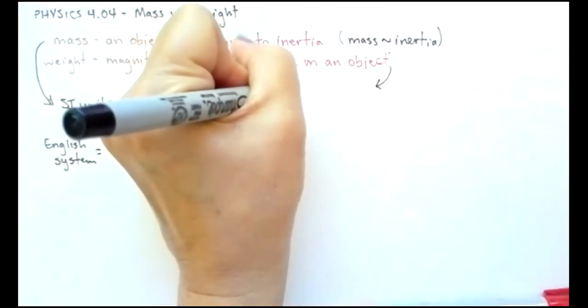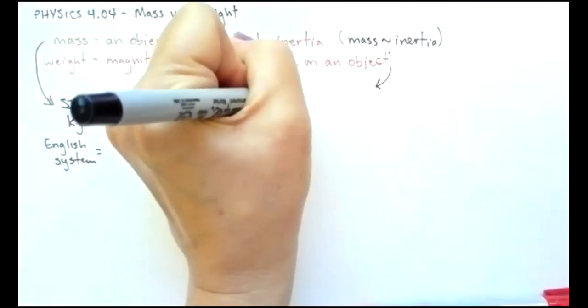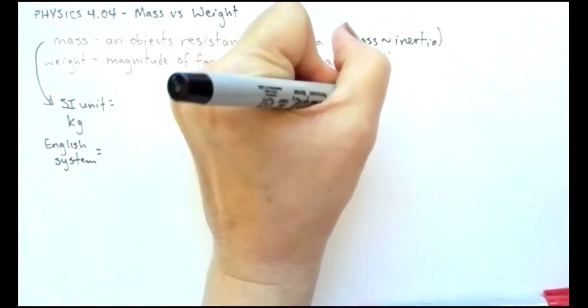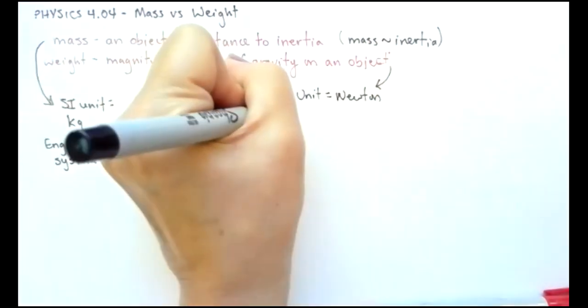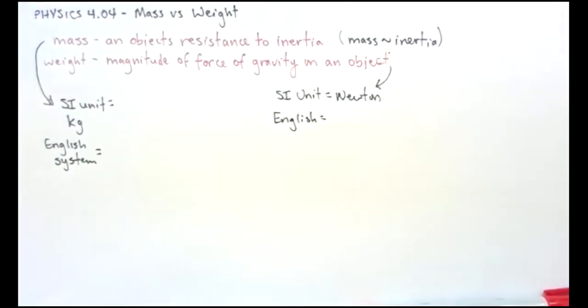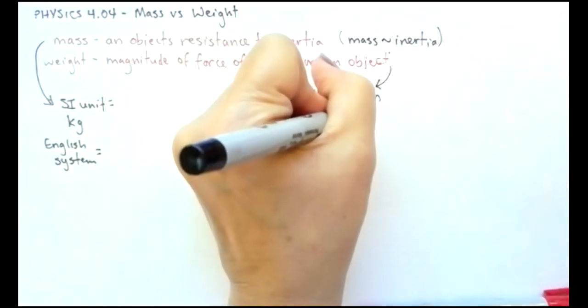So the SI unit for weight, we're talking about a force, is the Newton. The English unit for weight is the pound.